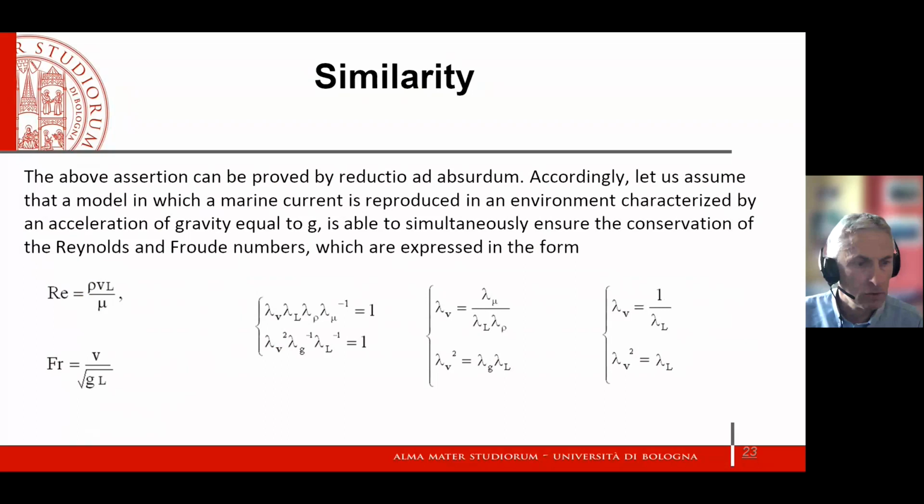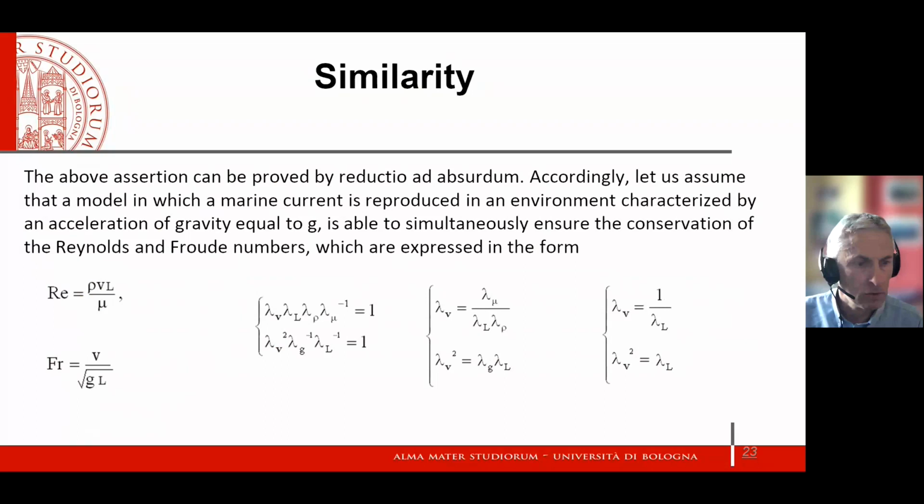Froude, again, the multiplier of Froude is 1. So we can write, if we square the expression for the Froude number, that lambda v squared times lambda g to the power of -1 times lambda L to the power of -1 is equal to 1.